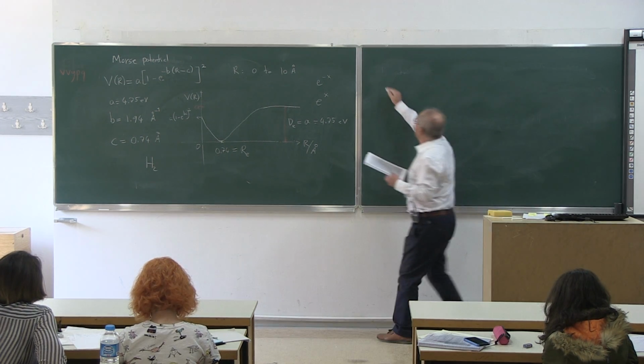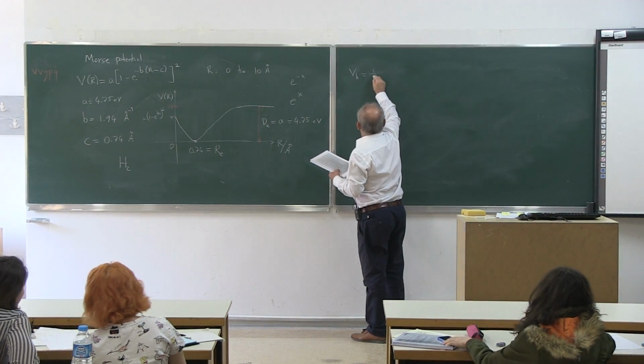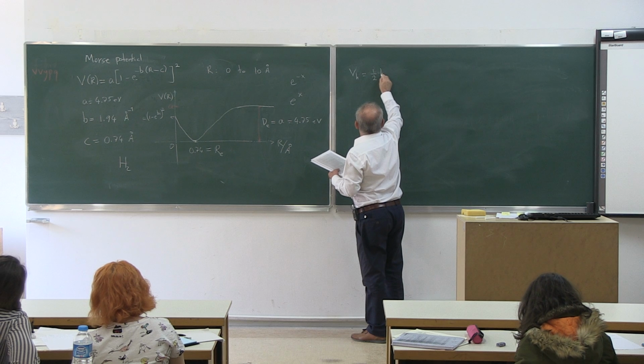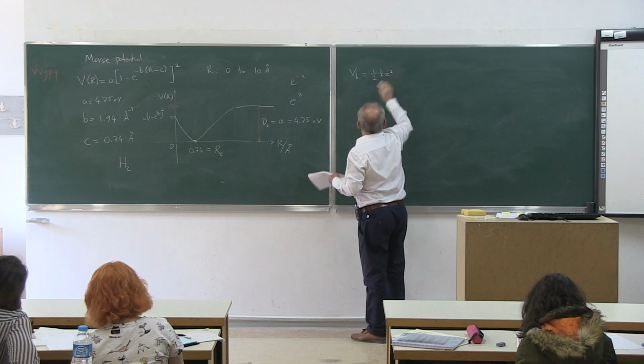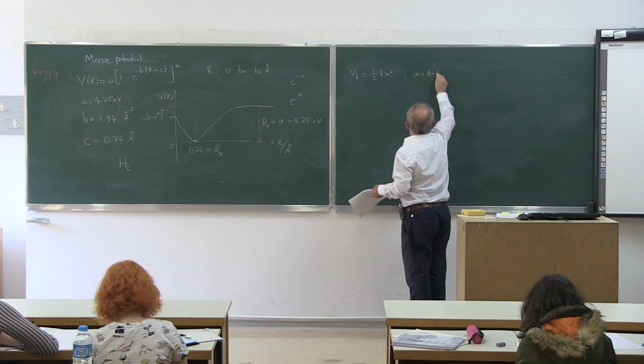Harmonic oscillator has this form, 1/2 k times x squared, where x is r minus Re.